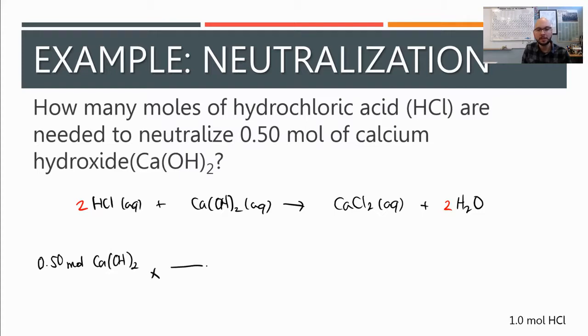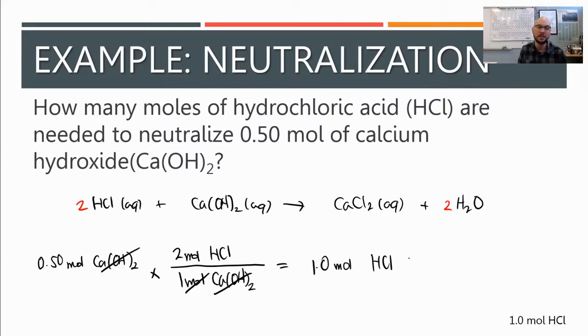We can see from our balanced chemical equation that 1 mole of Ca(OH)2 neutralizes 2 moles of HCl. So when I multiply these, the moles of calcium hydroxide cross off, and I'm left with moles of HCl. So 0.5 times 2 means 1.0 moles of HCl was needed.